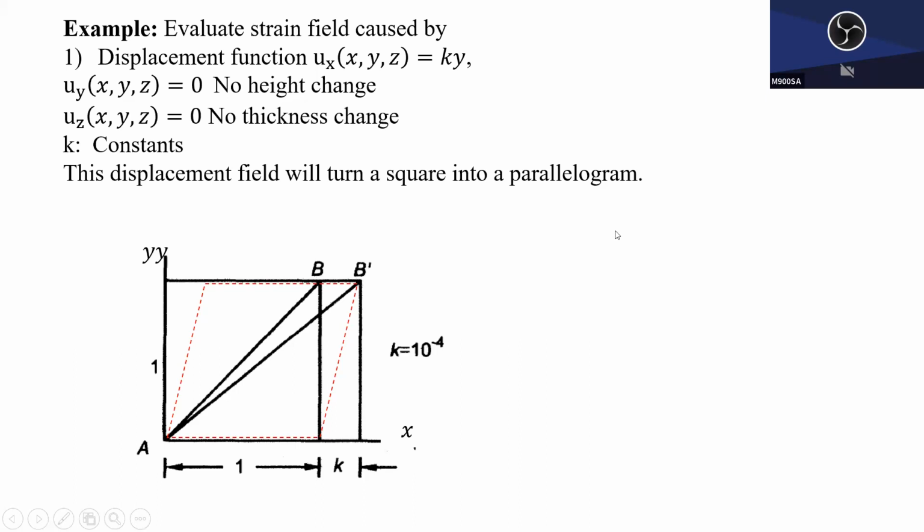Because of that, we can almost assume the height will never come down. Rigorously speaking, this is not true. If you twist it enough, this line will be sloped this way and the height will come down. But when we discuss this kind of problem in a small strain framework, we can say this line will never come down much, so the height, the thickness, will never change.